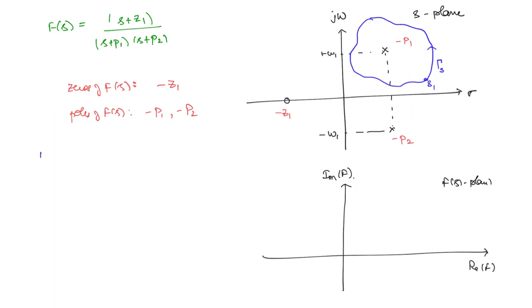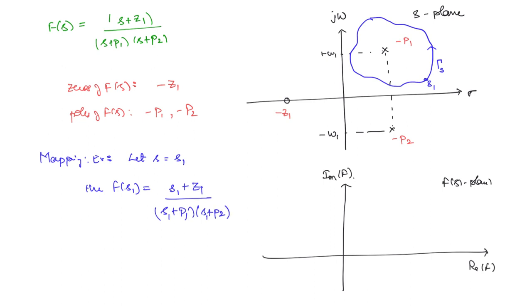So the mapping will be, for example, let s be equal to s1, then f of s1 is simply substituting s equal to s1 in the function. So this is going to be s1 plus z1 over s1 plus p1 into s1 plus p2. This you will get as some real value plus some imaginary value. Depending on these values, we will get a point here. So this will be f of s1.